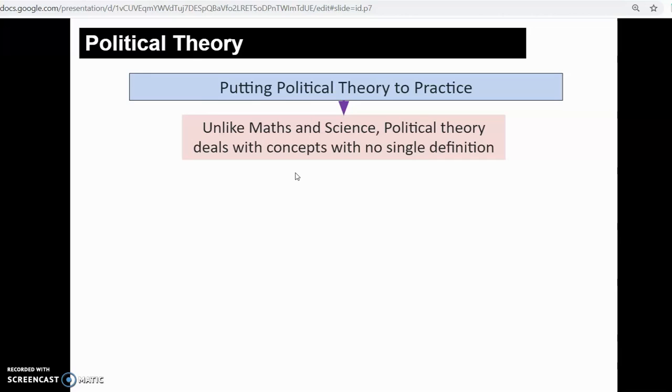Political theory deals with concepts which have a multi-dimensional angle, and you can't prove any theory with one single definition, right? So that's the reason political theory is more complex and comprehensive, right? Comprehensive, we already learned. Why it is complex, we discuss in the later part of this question, right?